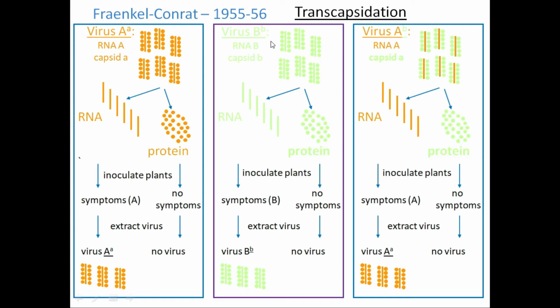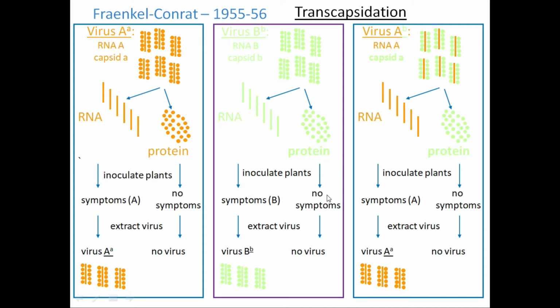Now say we have virus B. In the virus B, in the same manner, we have RNA B and protein B. And when RNA is inoculated to plant, we get symptom and we get full virus particles synthesized from the plant inoculated with RNA.